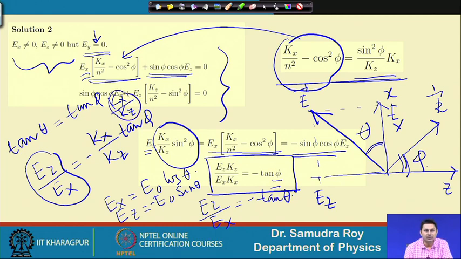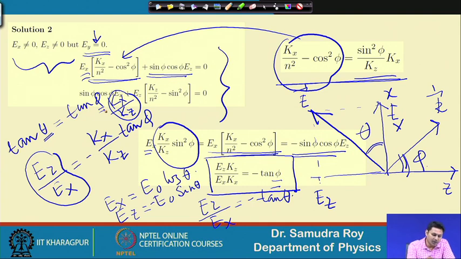If this term kx divided by kz is equal to 1, then what happens? Tan phi is equal to tan theta, and that eventually means that the k vector and E vector are perpendicular to each other. That means for an isotropic system they are perpendicular to each other, and we know that.